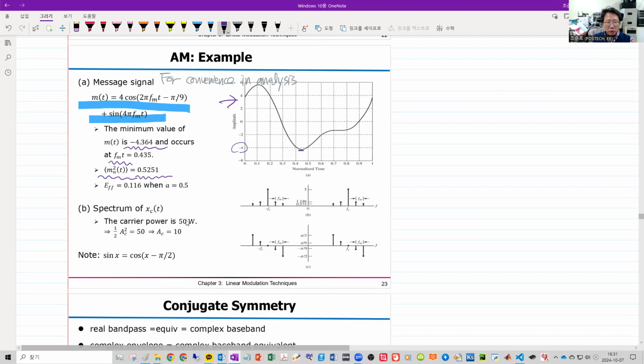And you can show that when A, the modulation index, equals 0.5, we have power efficiency just above 10%. Got it? So AM in general is not power efficient at the transmitter, but that power efficiency is sacrificed for the ease of demodulation by employing a very simple, cost-efficient envelope detector. Got it? So that is the idea.